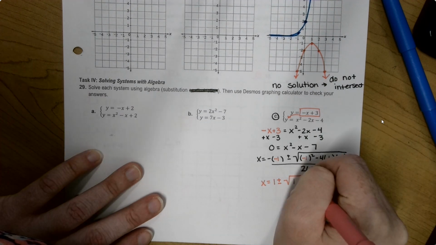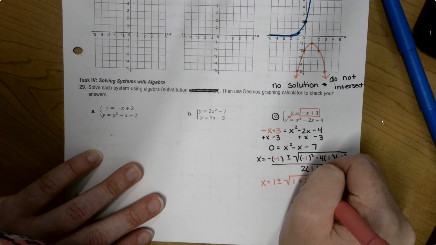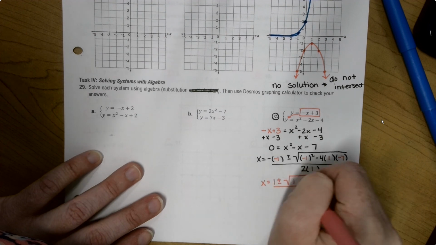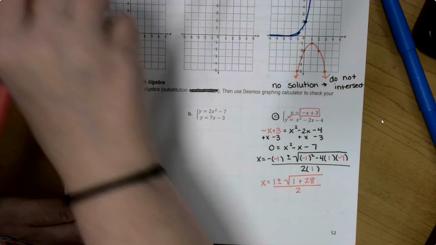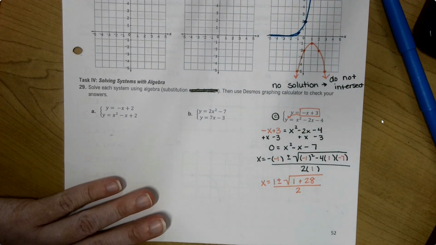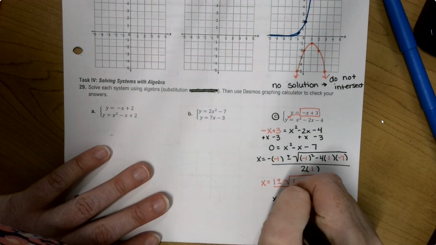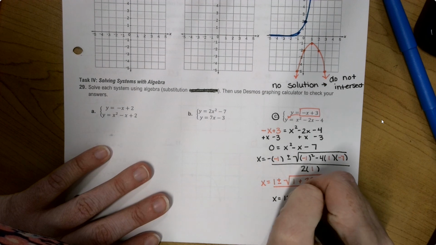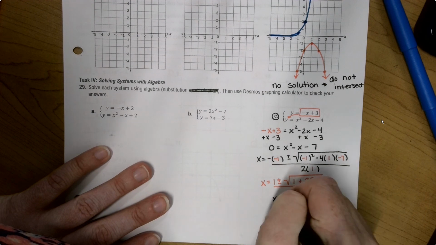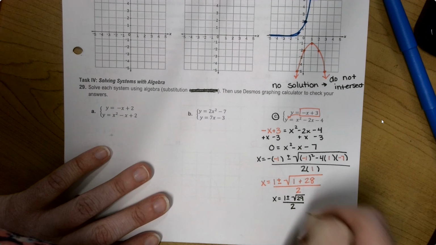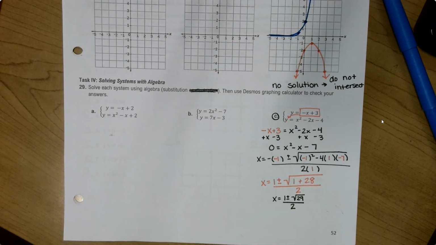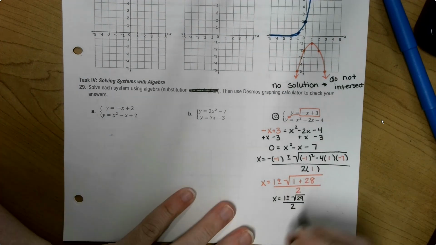So this is 1 plus 28, over 2. x equals 1 plus or minus the square root of 29 over 2. That's it. That's not very pretty, but those are my two x values. That won't simplify any further.